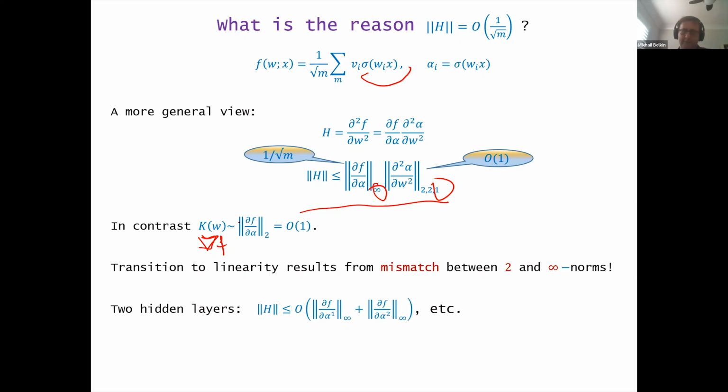If you have many of them, you just sum them up. Now there are other terms in this which you have to control, but they're all kind of O of 1. And these are all of 1 over square root of m. So that's basically maybe a little bit deeper reason that this is true. It's really a mismatch between 2 and infinity norm, which happens.